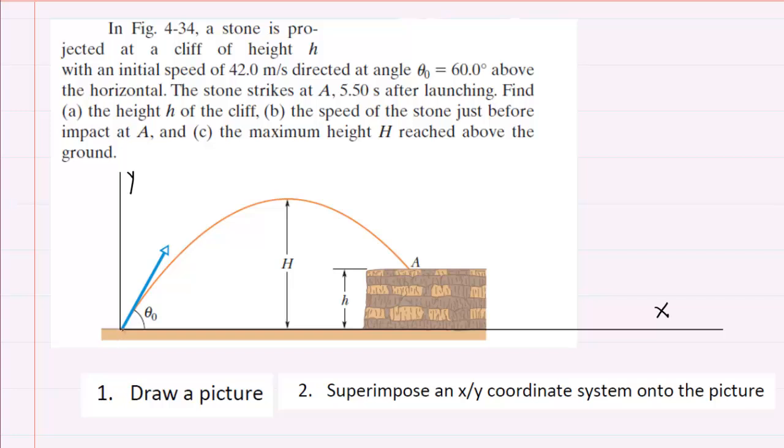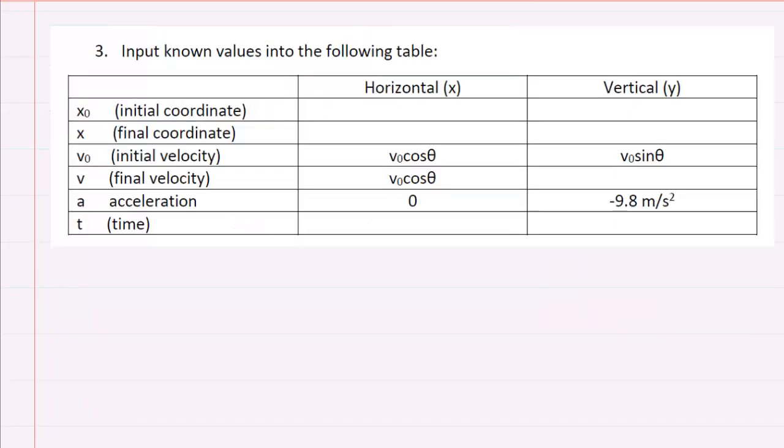In step 3, we're going to fill in all of the known information into the following table. Now, we will scroll back up to the picture to revisit the given information, but let's take a look at this table. There's a few things that are important to highlight. We can see that we have 6 values listed down the left-hand column here.